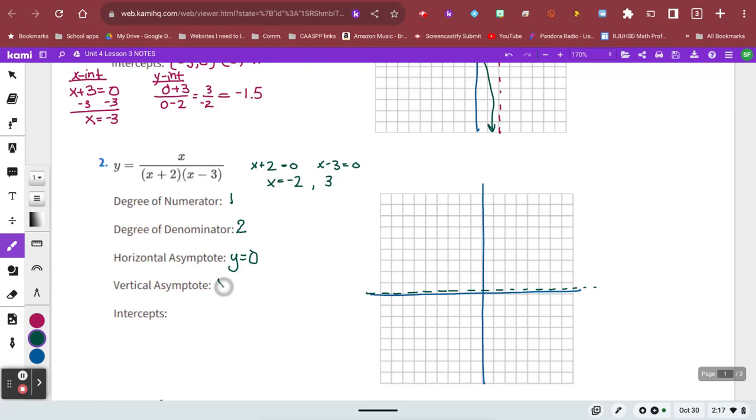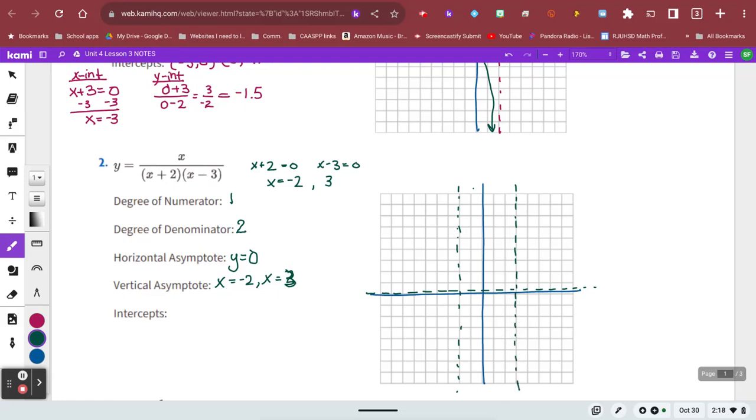And so I'm going to have actually 2 asymptotes at negative 2 and 3. Okay, so x is negative 2. We're going to have the one over here and a positive 3. And this one's a little strange looking one.